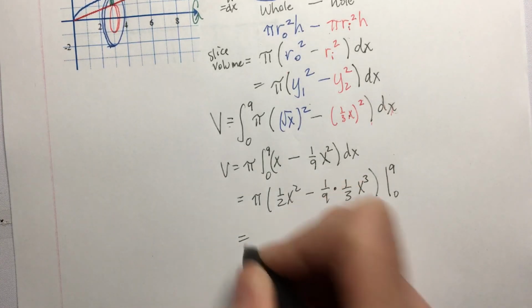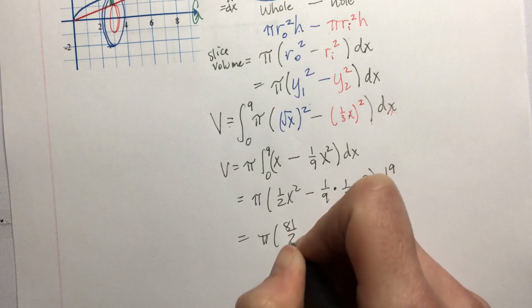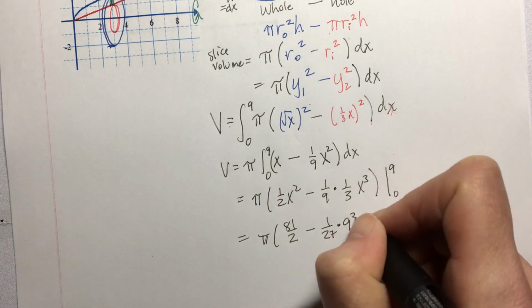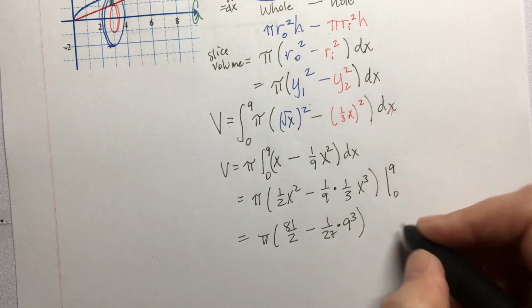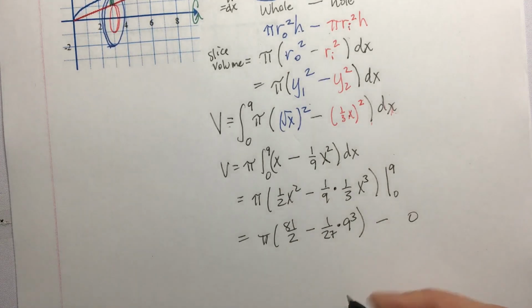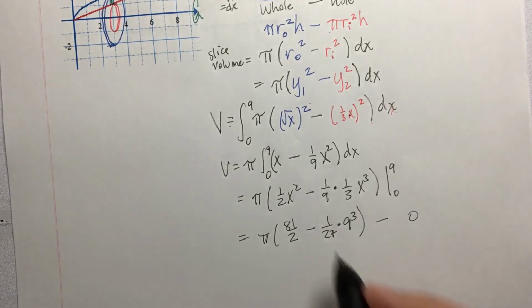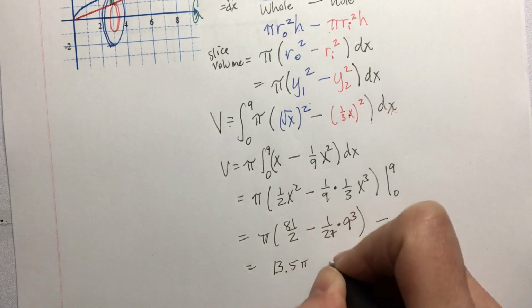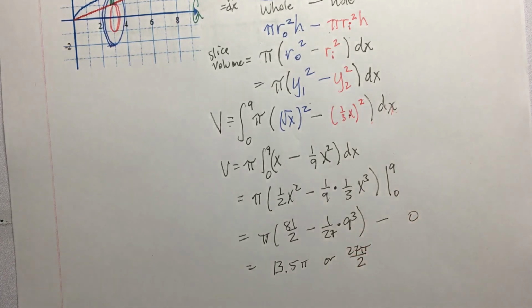And then plugging in the 9, we get pi times 81/2 minus 1/27 times 9 cubed, minus, and then all of that minus a 0, remember? So we can totally stop here, but if you keep going, you get 13.5 pi or 27 pi over 2. Either way, however you like it.